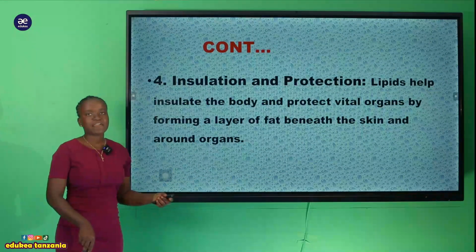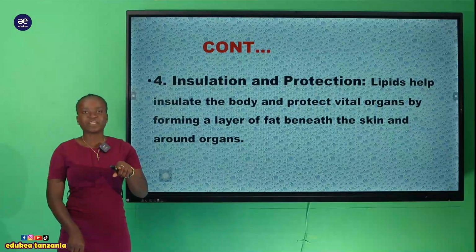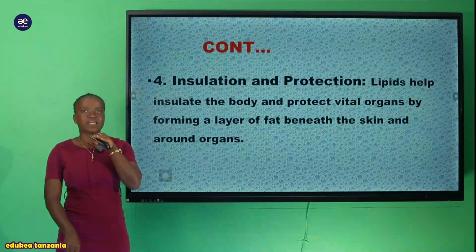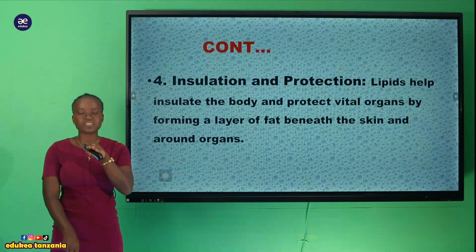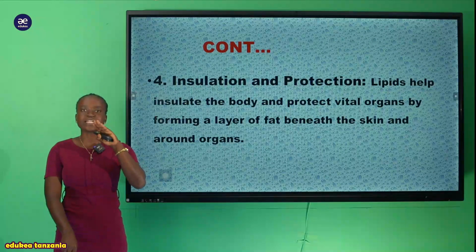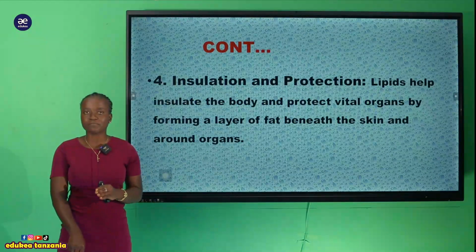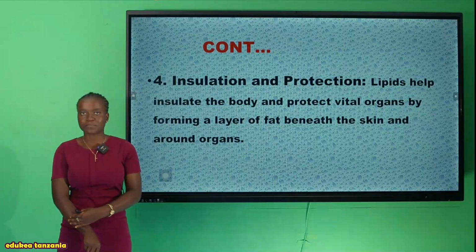By forming a fat layer beneath the skin, after the epidermis, the layer that follows is the fatty layer. The fat layer found within the skin tends to insulate the body against any physical problem.